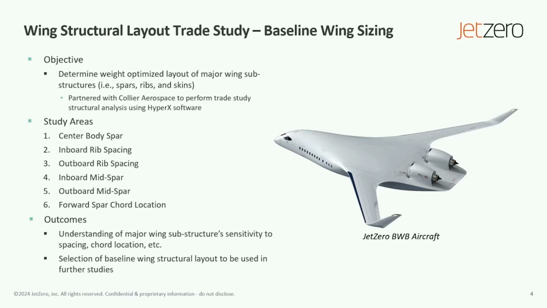One, we had a better understanding of the substructure's sensitivity to spacing and chord location. And also, we were able to down select a baseline wing layout from the different configurations that we ran for future studies, and then in this one we'll be talking about flutter analysis specifically.